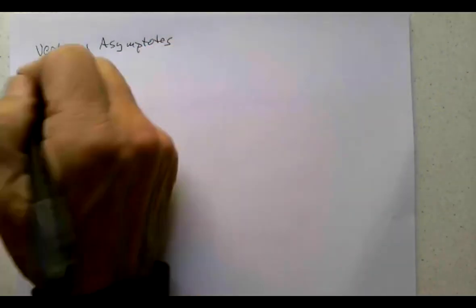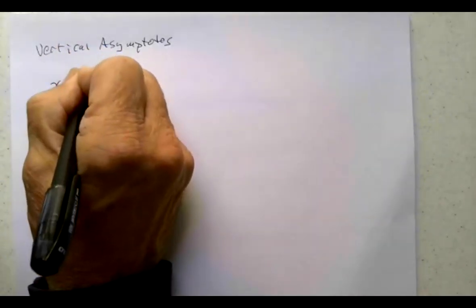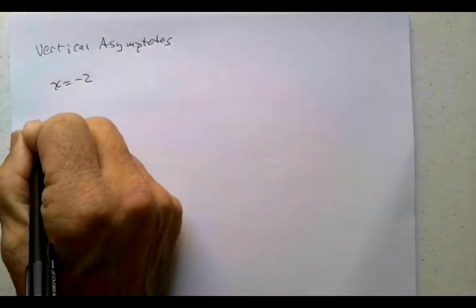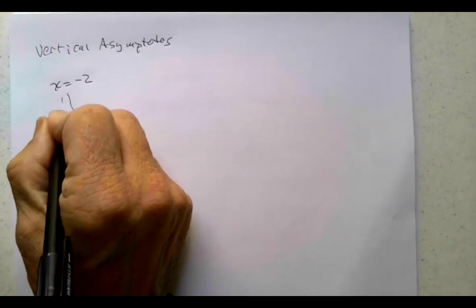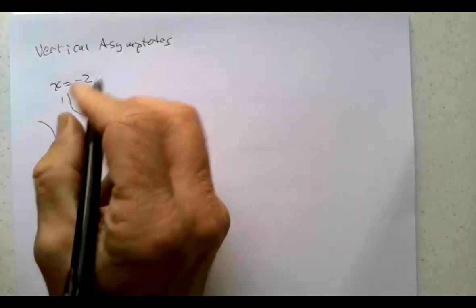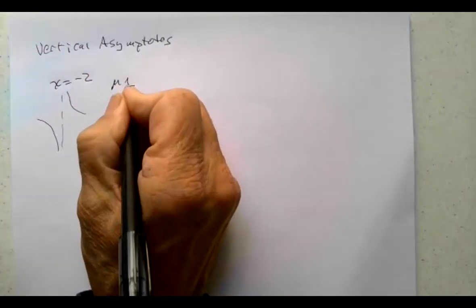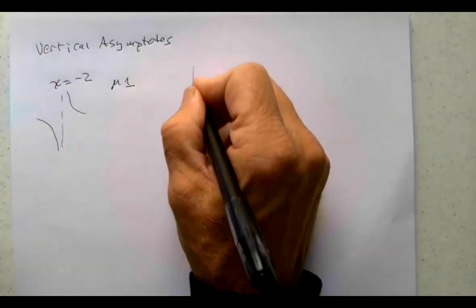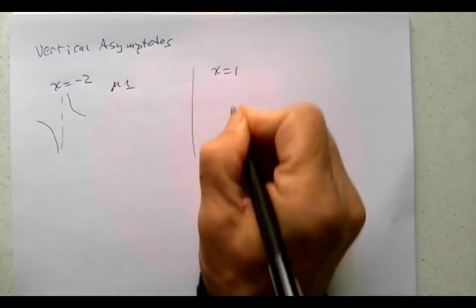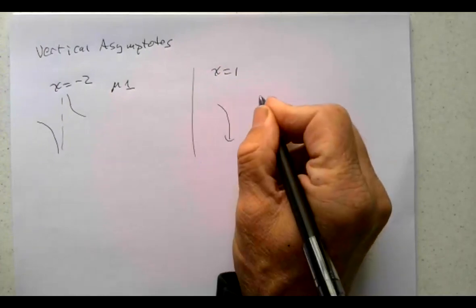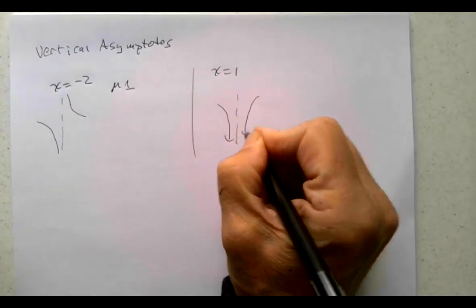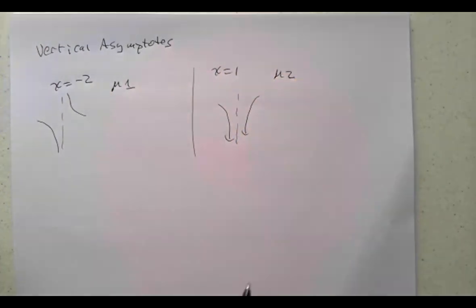So again, we have our two vertical asymptotes. One of them was at x equals -2. But again, in that situation, it was going down on one side, going up on the other. So that's going to be multiplicity 1. And then we also had x equals 1, but that was heading this direction. That'll be multiplicity 2.